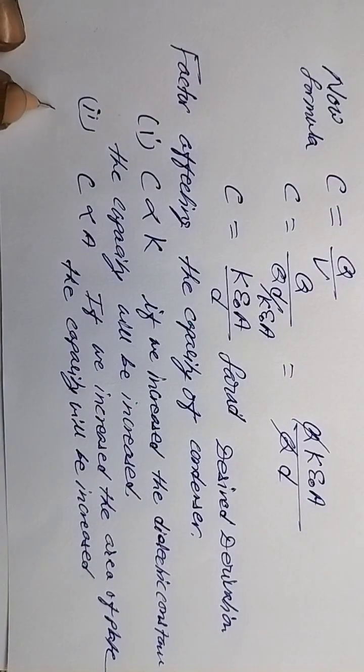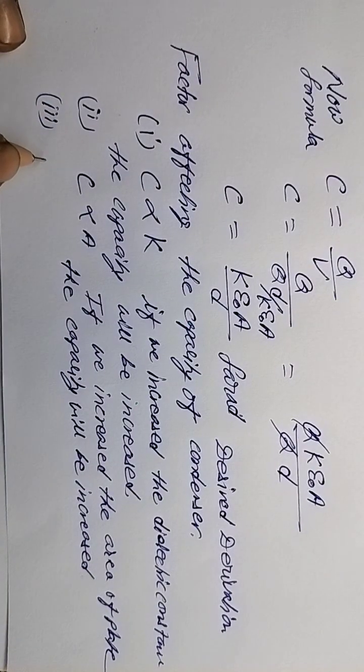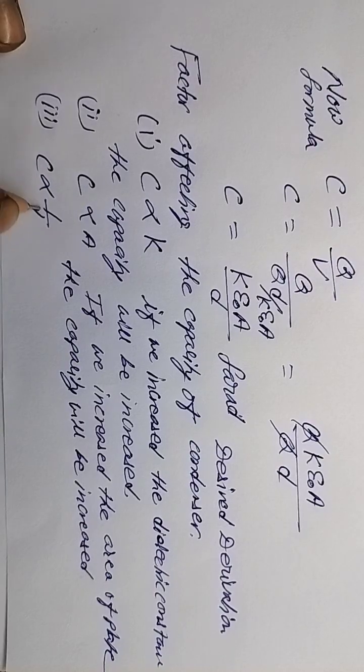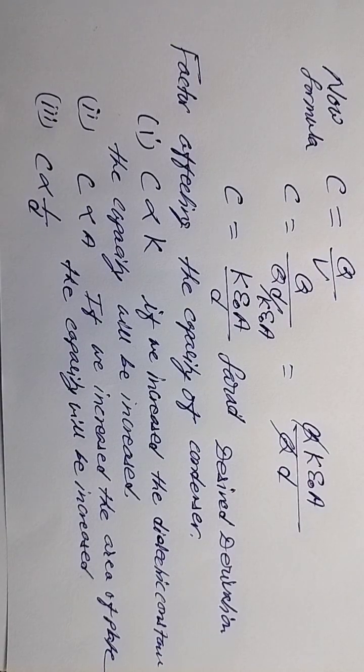Third one, C is inversely proportional to d. That means if we increase the distance between two plates, the capacity of condenser will decrease. So, for increasing the capacity of condenser, we should decrease the distance between these two plates.